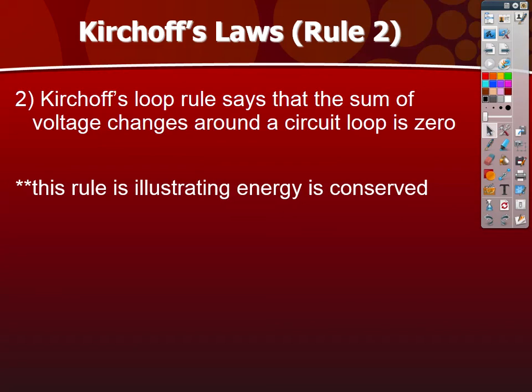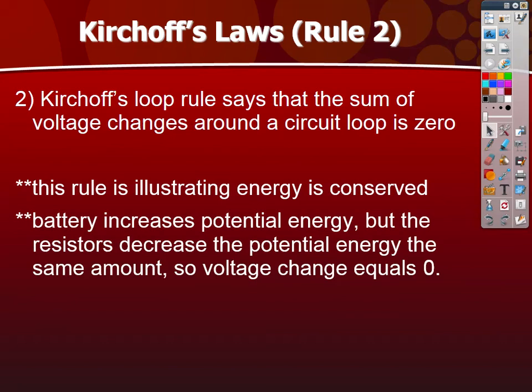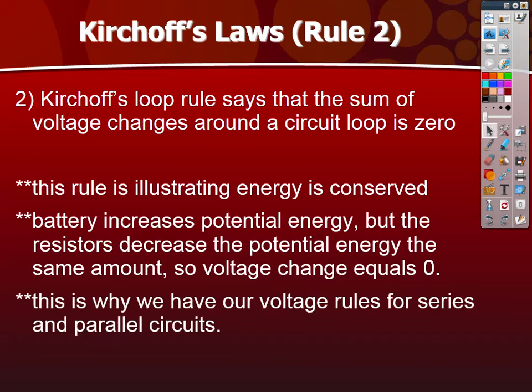The energy that's converted into electrical form must be used, so that no new energy suddenly comes from some point. So the battery increases the potential energy, and the resistors or light bulbs reduce the potential energy. That explains both situations.